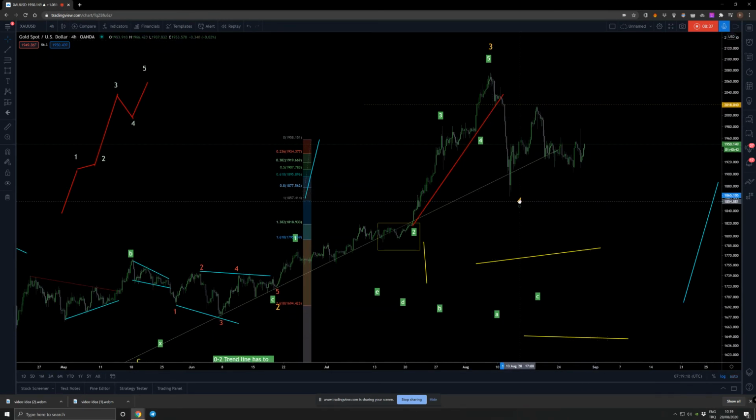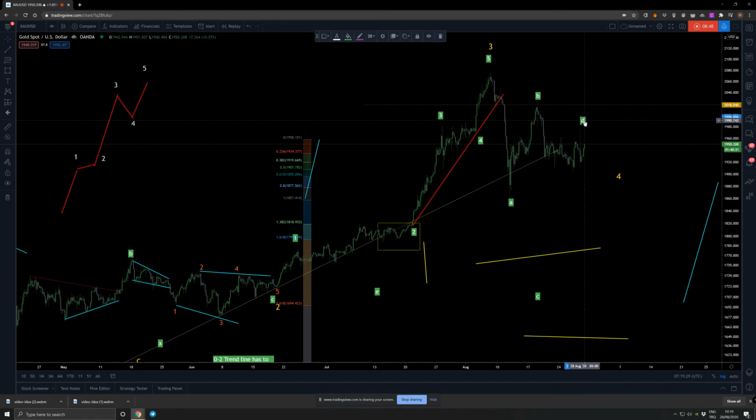Now on the fourth wave, you can actually have a triangle here, okay? That usually happens. If that's the case, it may look like this. So a D wave and a C wave and some type of an E wave.